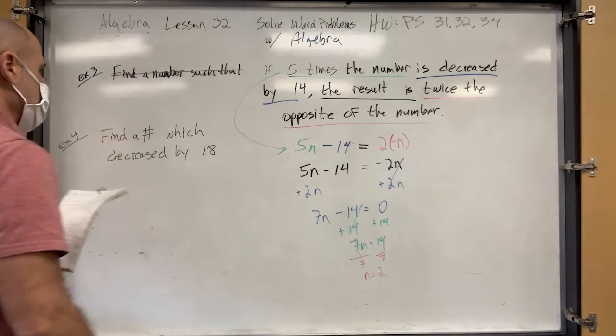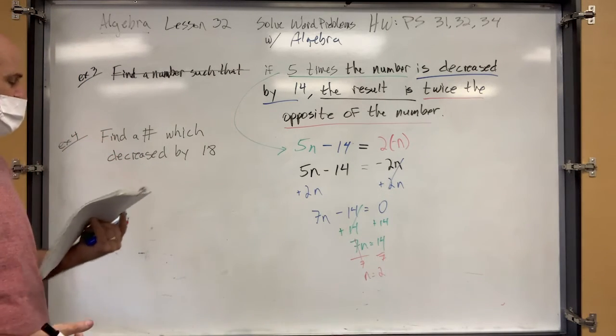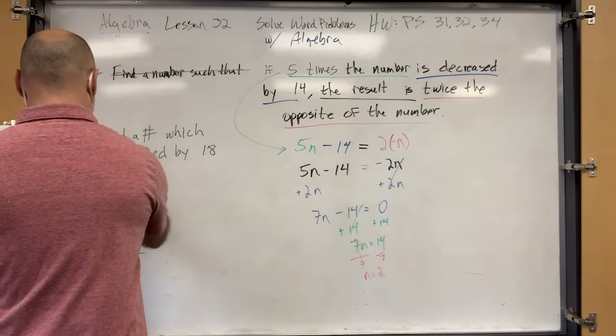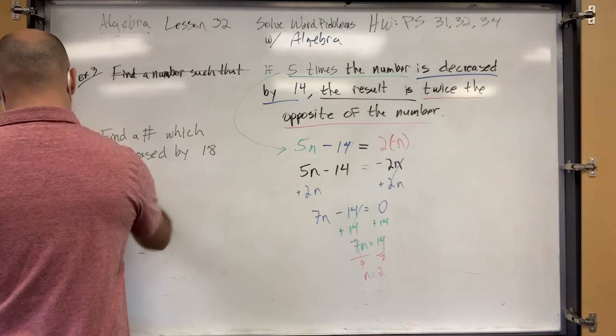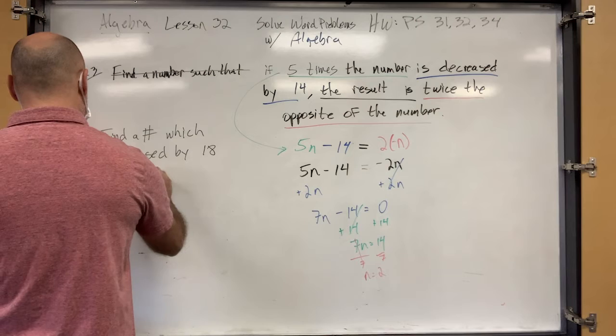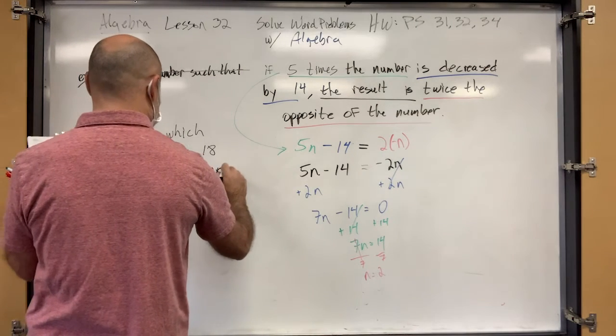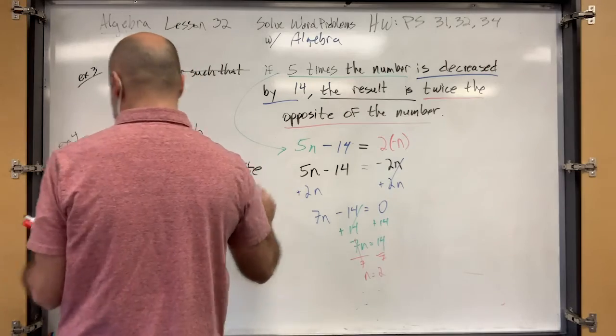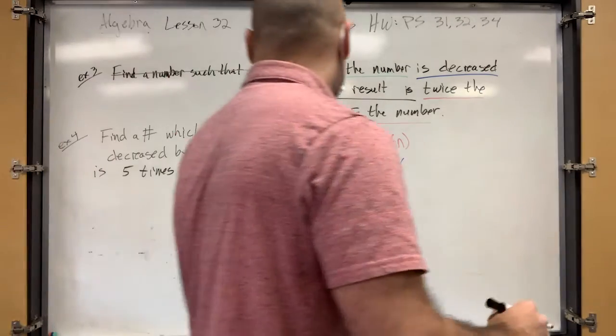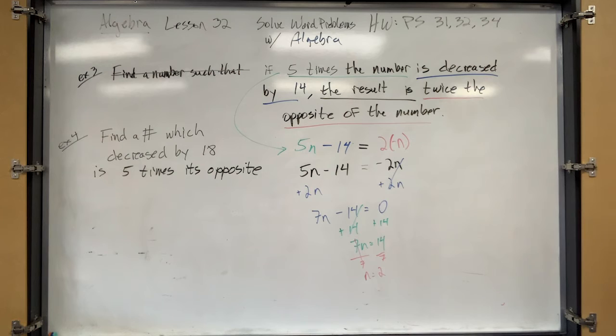Find a number which decreased by 18 is 5 times its opposite. Okay, does that make sense? Find a number which decreased by 18 is 5 times its opposite.